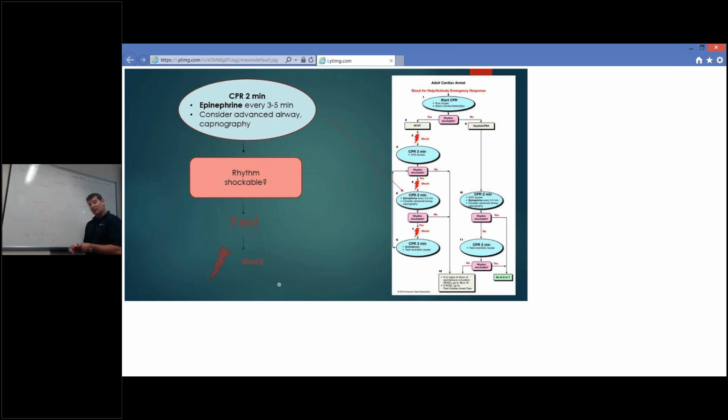At the end of that 2-minute cycle, still in VFib, still no pulse, we're going to defib again. Once we've defibbed, we're going to go right back into CPR, and now we're going to add our 300 milligrams of amiodarone. Put amio. End of 2 minutes, no pulse, we're going to defib again.